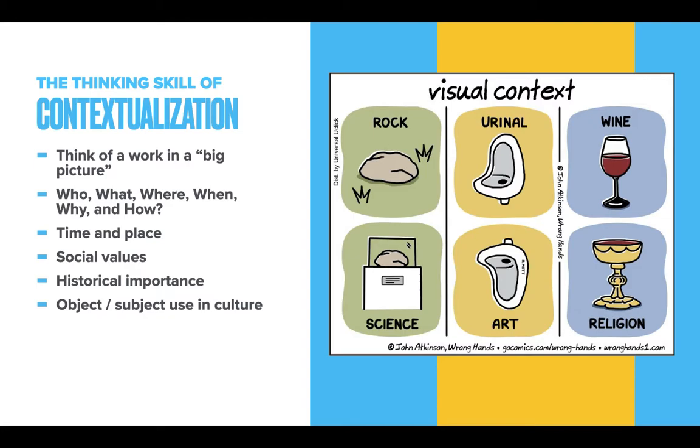So the idea here is the ready-made object would be something that you could use in an everyday situation, but in an art gallery, it was changed and modified in some way, oftentimes with a witty title that would allude to the object's use in everyday life. So think about the object and or the subject's use in everyday life within a culture, but then think about how that could possibly be interpreted or viewed in a different context.